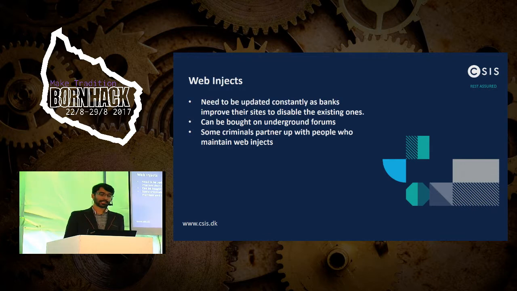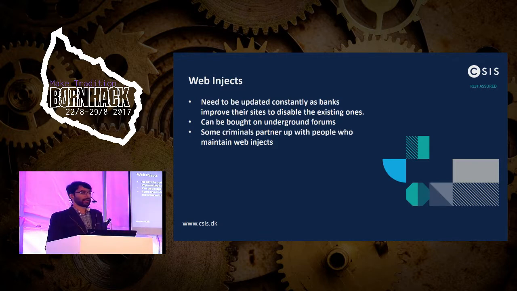Now these web injects are quite important, and that's why they need to be constantly updated, as I mentioned before. How do you get them? You can of course code them, but there are people who do it on a regular basis.